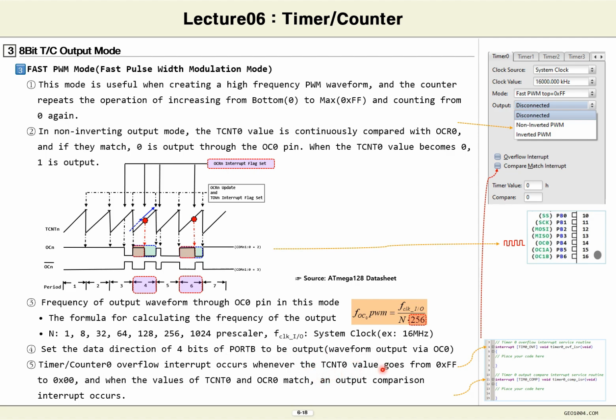It occurs at the moment the value of TCNT0 changes from 0xFF to 0x00, and then an output compare interrupt occurs at the moment the value of TCNT0 matches OCR0. So, as you can see, please know that these two interrupts can occur. Well, up to this point, we have looked at fast PWM mode.